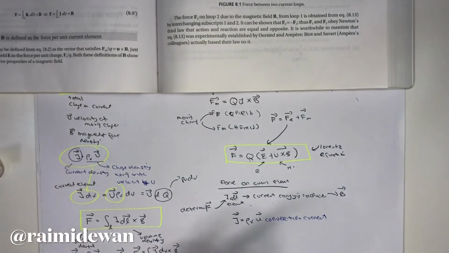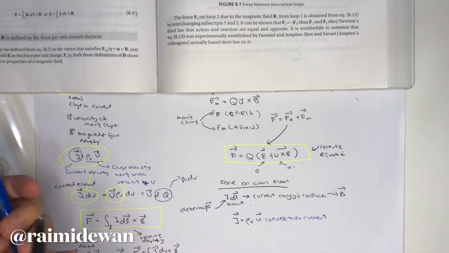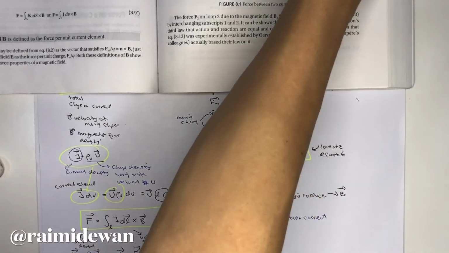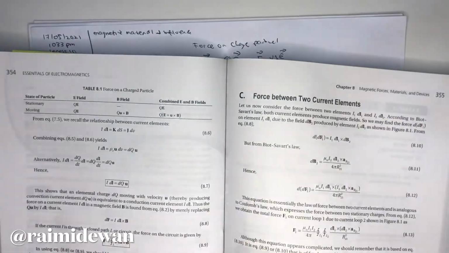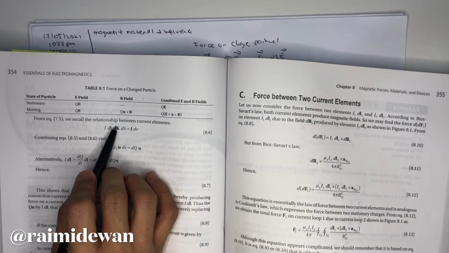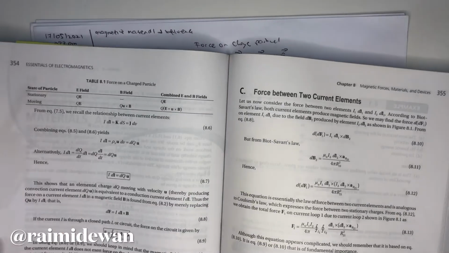okay, and then we try to relate, okay, with our current elements. Okay, relationship between current element like this. IDL is for the line current, this one is for the surface current, this one is for volume current. Okay, volume current.